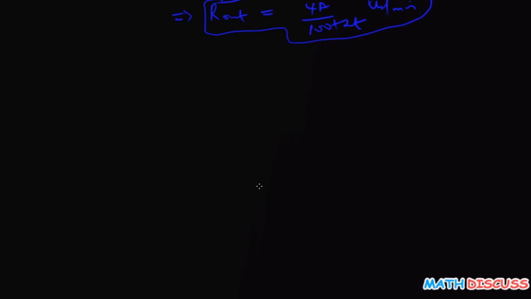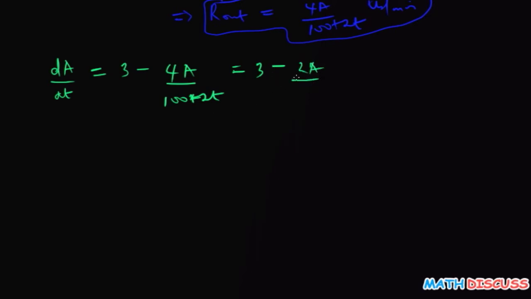So our aim is to solve dA/dt equals 3 minus 4A divided by 100 plus 2t. You could write this as 3 minus, so 2 goes here, 2A divided by 50 plus t. So you want to solve dA/dt equals this.